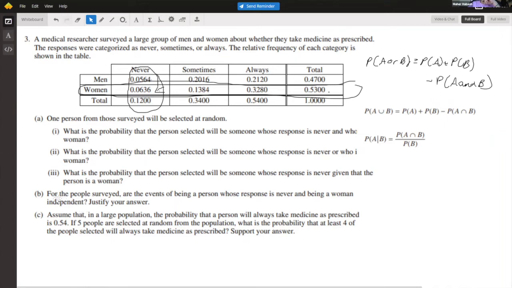Next, for the people surveyed, are the events of being a person whose response is never and being a woman independent? Justify your answer. Do you guys remember the approach you want to take here?